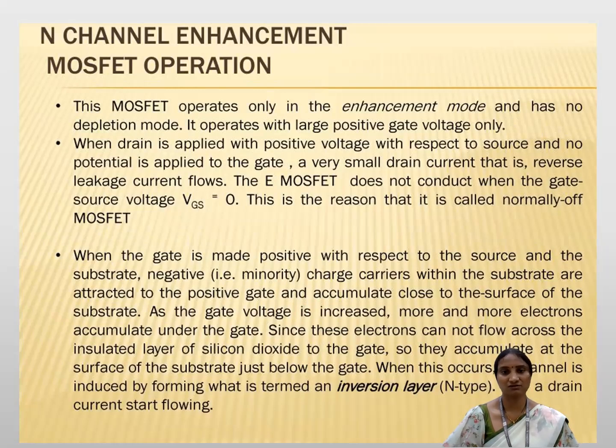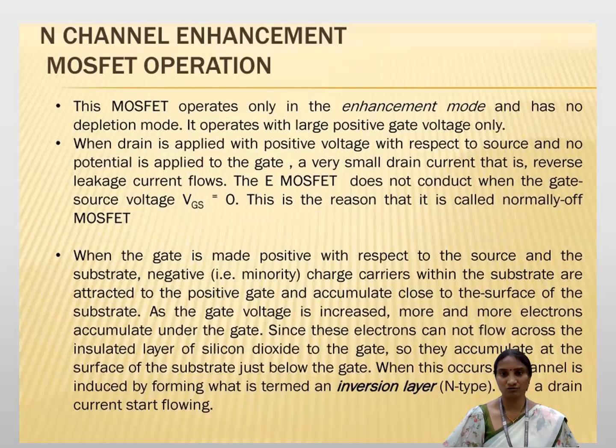When the gate is given a positive voltage with respect to the source, the charge carriers within the substrate are attracted towards the positive polarity at the gate terminal and accumulate close to the surface of the substrate. As the gate voltage is increased, more and more electrons get accumulated under the gate.